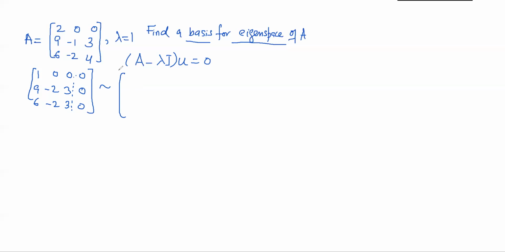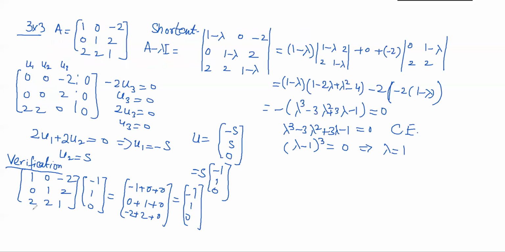Remember that in the previous case, I did not convert it into the echelon form, but rather I just found the solution directly. So we can even convert it into the echelon form as well.